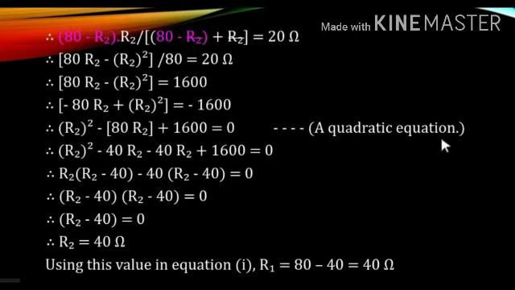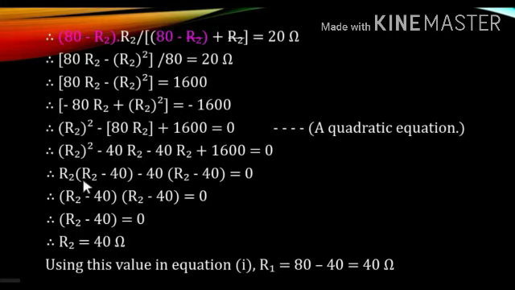Now by expanding this quadratic equation we will get R2 raised to 2 minus 40 R2 minus 40 R2 plus 1600 is equal to 0. That means now from these two values R2 is taken common.